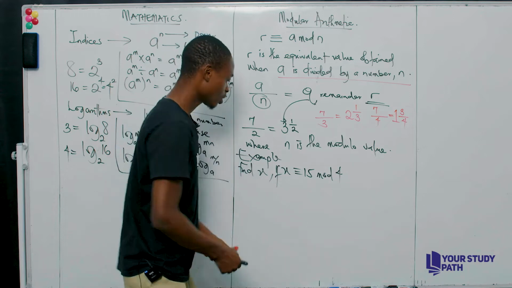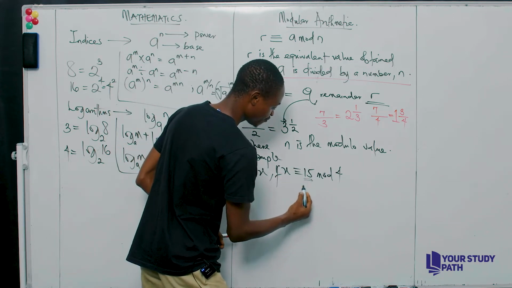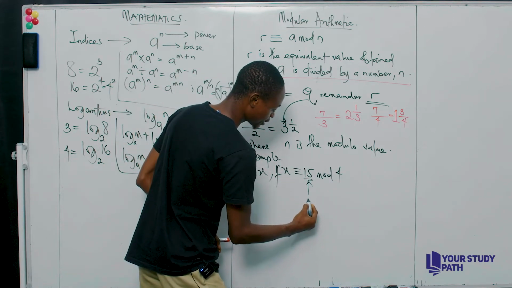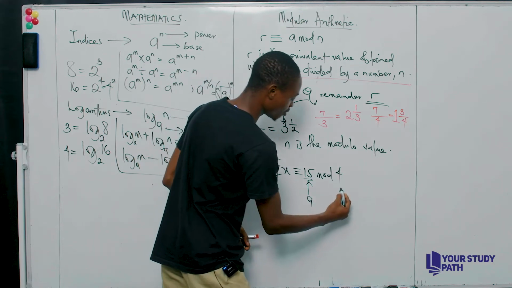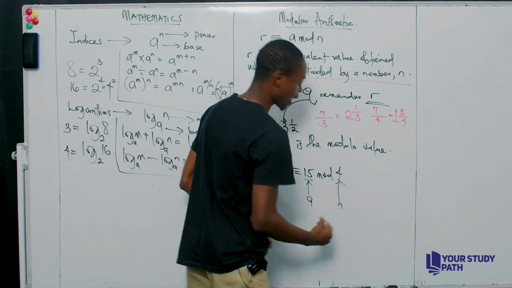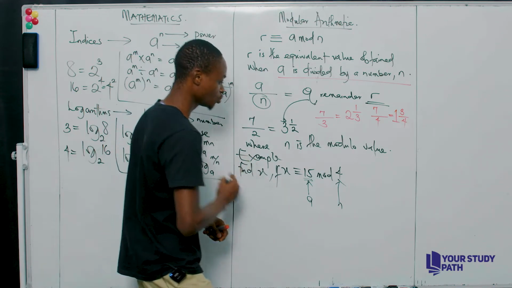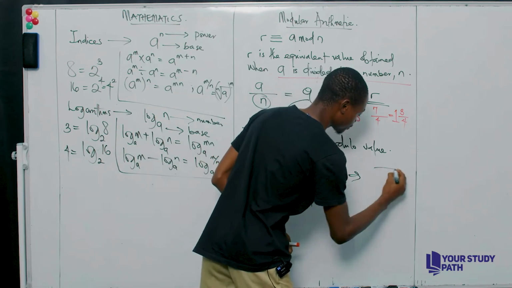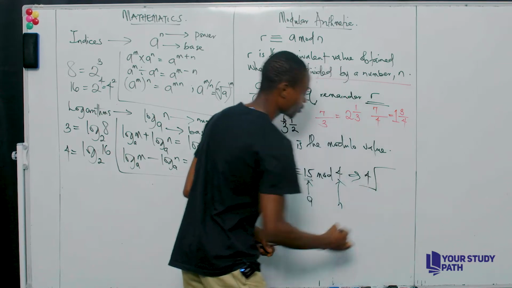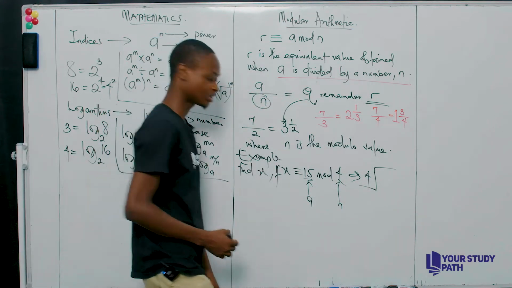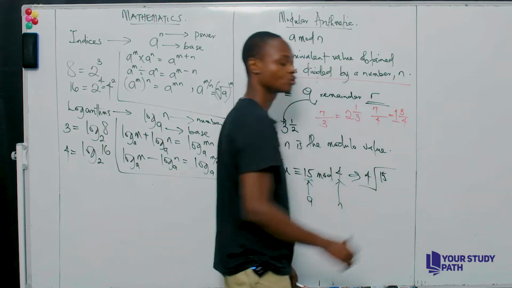How do we do this? We must identify 15 as our number, and then we must identify 4 as our modulo value. And then what we proceed to do is to express this in long division. The modulo value comes outside, the number goes inside.